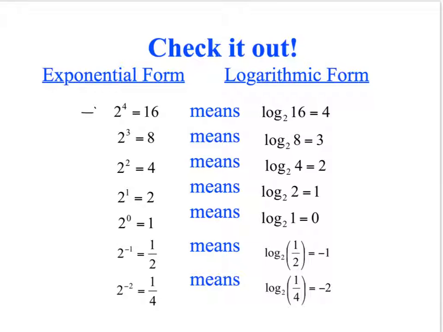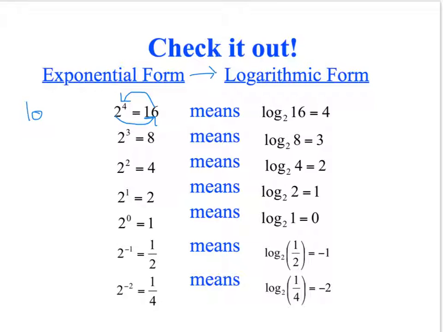So here's my best little trick, I think, for converting between an exponential and a log. When we're going in this direction, we're starting with an exponential and we're going to a log. Draw these little arrows. Start your first arrow at base 2, point it to 16, and then an arrow from the 16 to the 4. And then this is how you write that. So you start at 2.